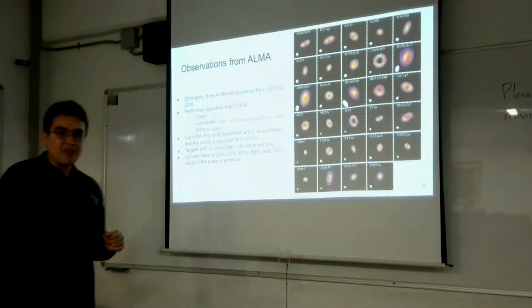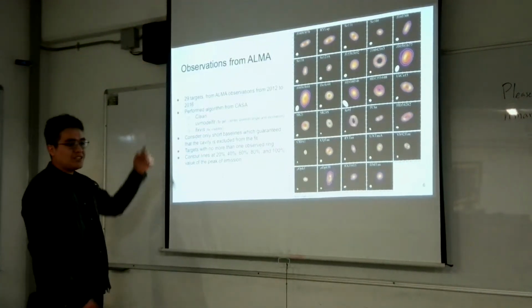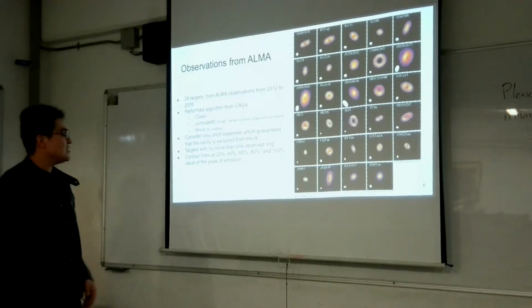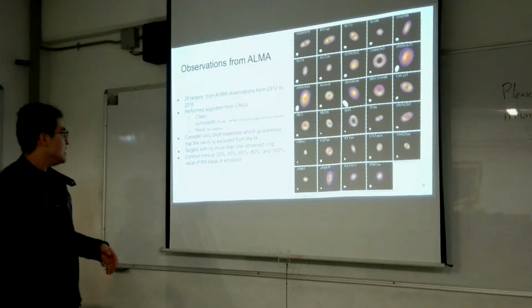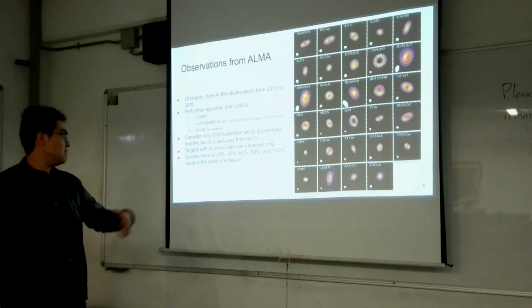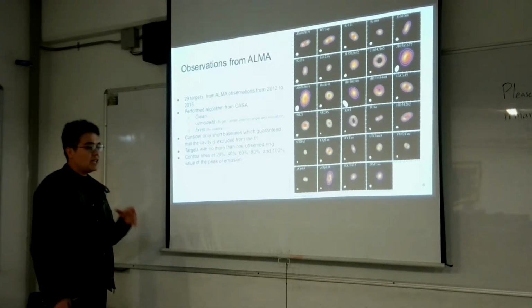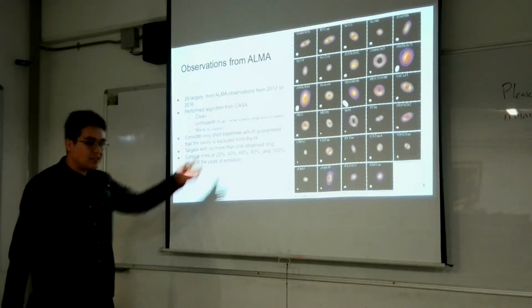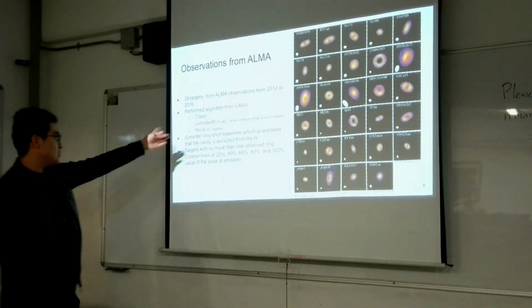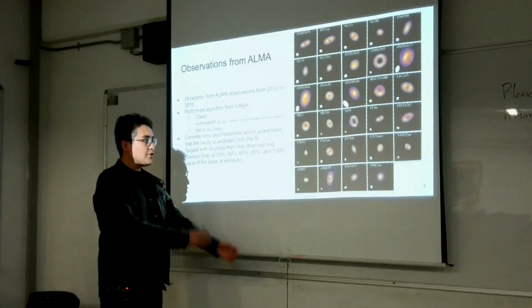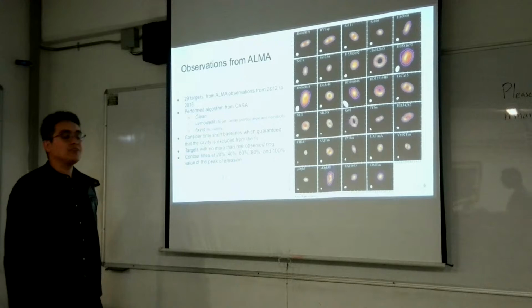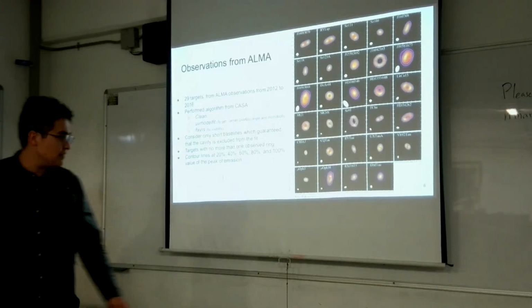They took observations from 2012 to 2016 of transitional disks with just a cavity, without rings or other structures. They performed cleaning, and also obtained the center, position and inclination of each disk using CASA. These are the results for the 29 transitional disks in this sample.